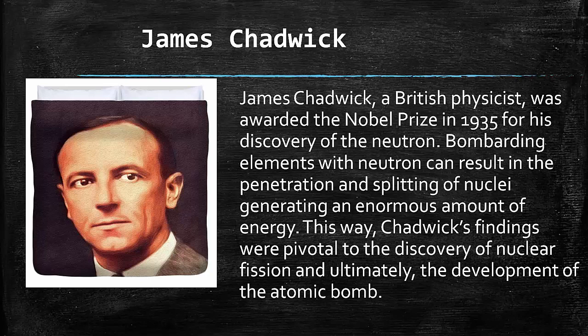This way, Chadwick's findings were pivotal to the discovery of nuclear fission and ultimately the development of the atomic bomb. James Chadwick was well known for the discovery of the neutron as well as nuclear fission, which was the basis for the generation of nuclear power.